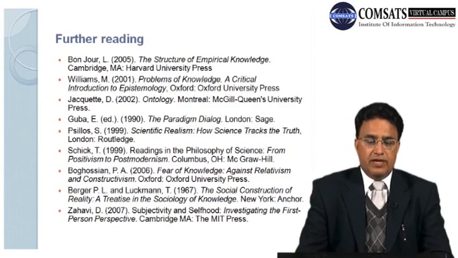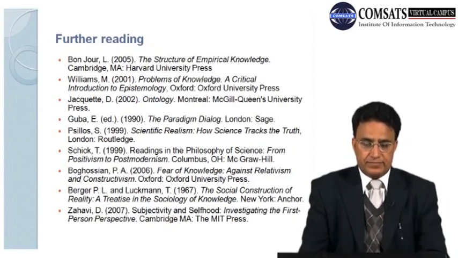Another book is by Williams M., 2001. It is about problems of knowledge, a critical introduction to epistemology. Its place of publication is Oxford, and the publisher is Oxford University Press.